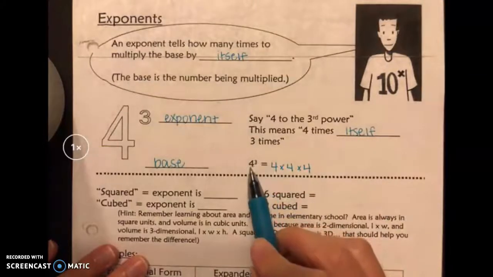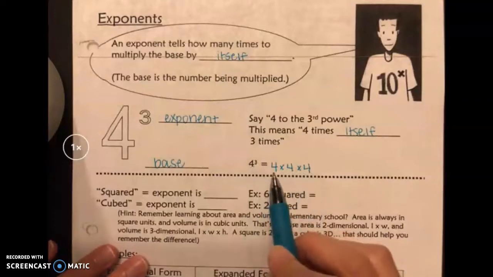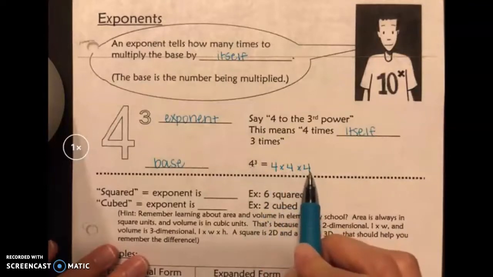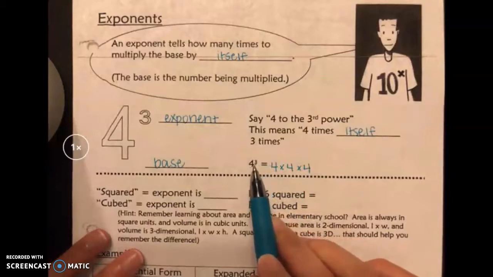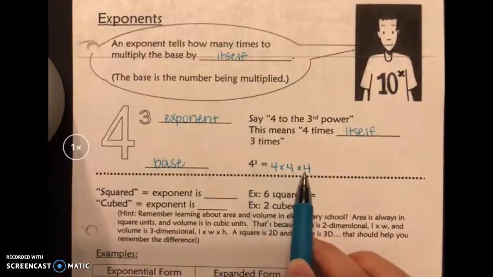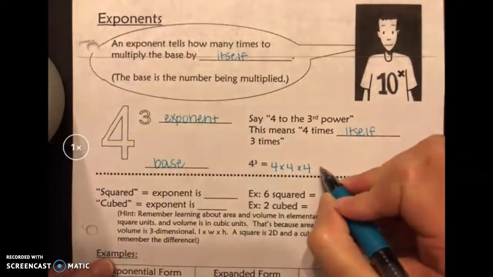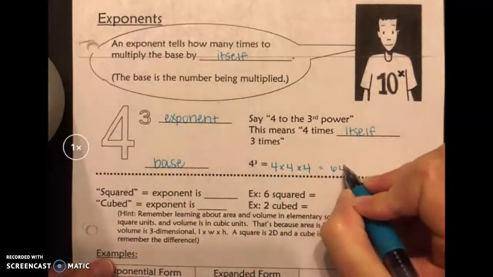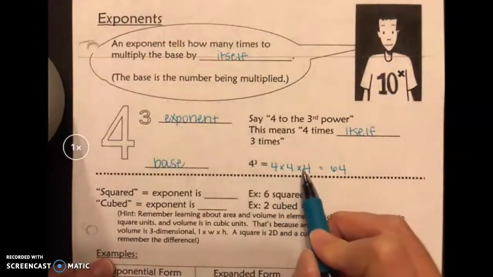A lot of times people would say that means 4 times 3. No, it's 4 by itself. So 4 times 4 times 4, multiplied together 3 times. That would give us 64, because 4 times 4 is 16, and 16 times 4 is 64.